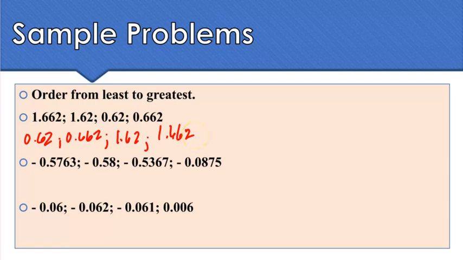Next, we've got negative 0.5763, negative 0.58, negative 0.5367, and negative 0.0875. So the smallest number is going to be a negative number. If you take the negatives out, you want to look for the biggest number, because that one's furthest from 0. That's furthest to the left when you put the negative back in there.